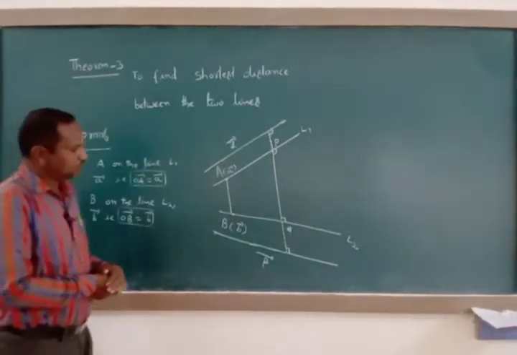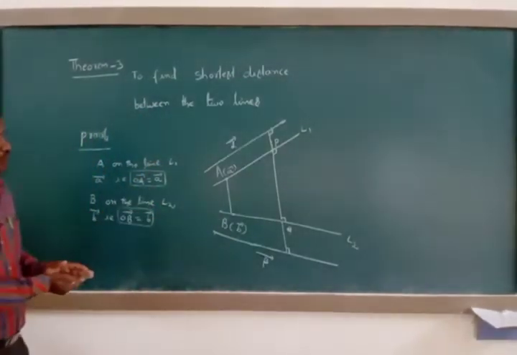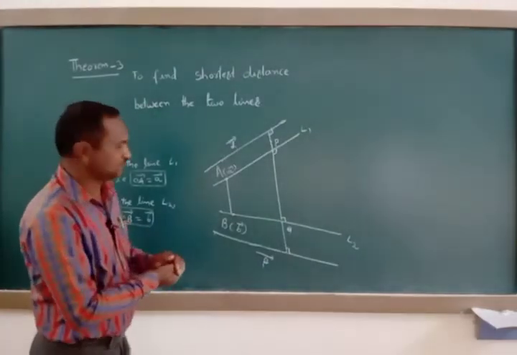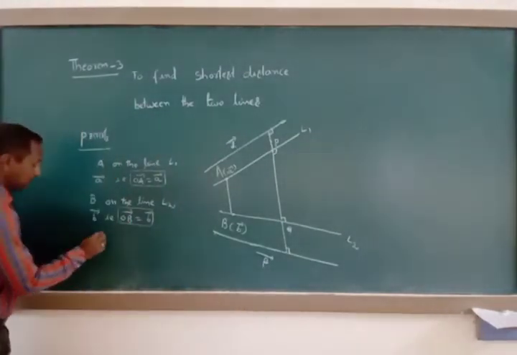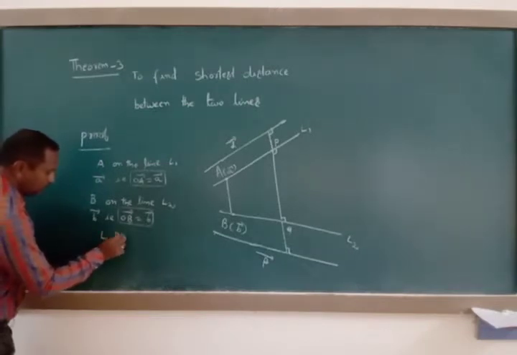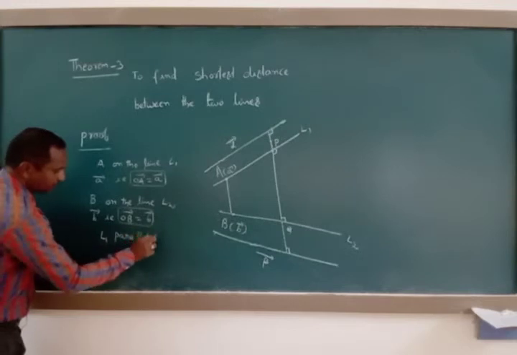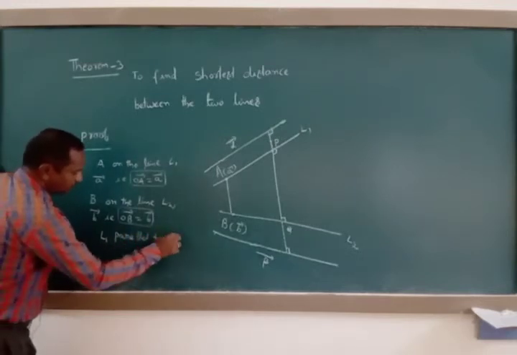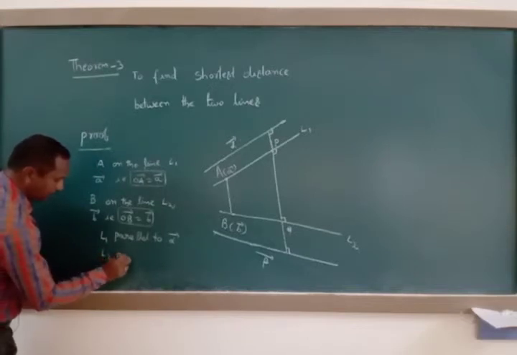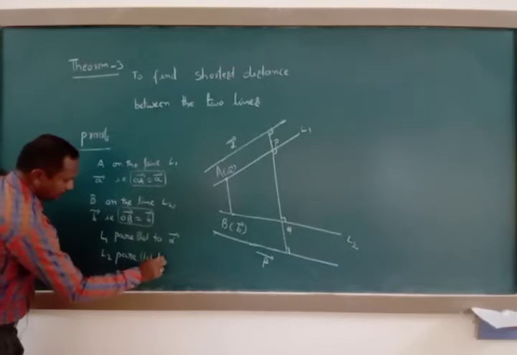At the same time, what about alpha vector and beta vector? I have taken those two parallel to the lines L1 and L2 respectively. That is, L1 is parallel to alpha vector, and L2 is parallel to beta vector.